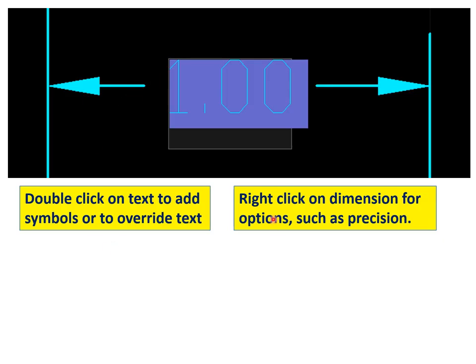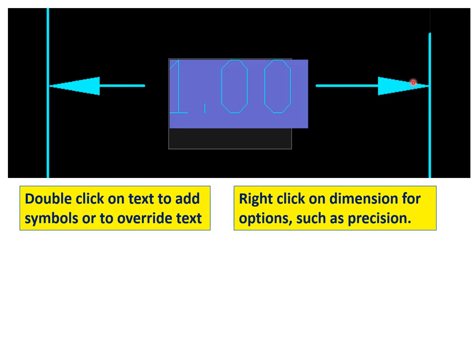Also, maybe you want to change decimal places. If you're doing a drawing using inch units, typically you go with 2 decimal places, but if you want accuracy and precision on a hole, like a circular hole, then you may go with 3 or 4 decimal places. You can do that by right-clicking on the dimension and changing the precision to more decimal places.